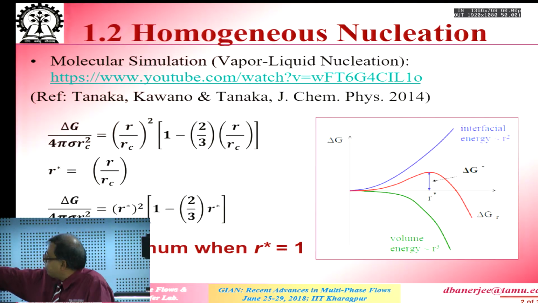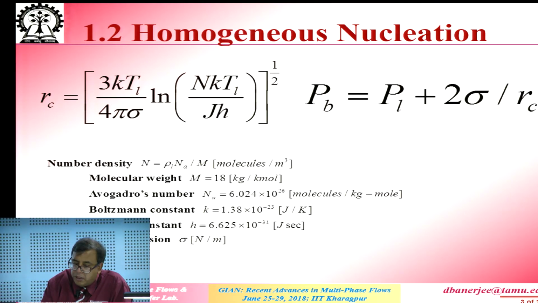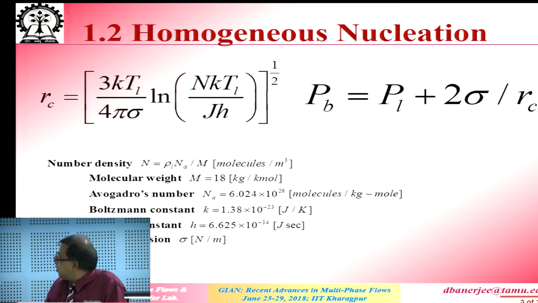Okay. So, these are the equations we already looked at. Delta G is maximum when R star is equal to 1. I apologize, for some reason the graphs are not appearing very well. And so, there are two equations, one is for R C, and then the other one is for the bubble pressure P B or P G. And the big enigma is I do not know what J is, but knowing the value of the pressure and temperature, I can calculate the value of density, and based on the density I can know the value of n.